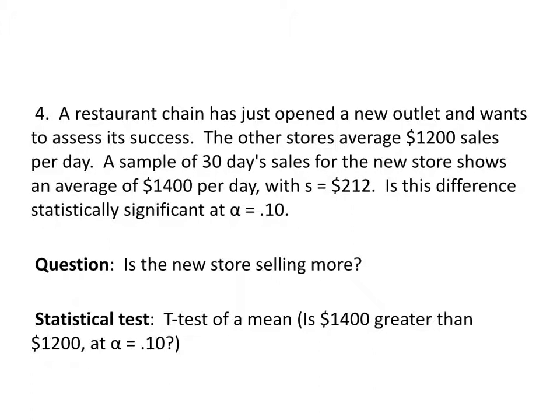Is this difference statistically significant at alpha equals 0.10? So essentially the question is, is the new store selling more than the other stores? And this question can be answered with a t-test of a mean versus a point estimate. And that question is, is $1,400 greater than $1,200 at alpha equals 0.10?